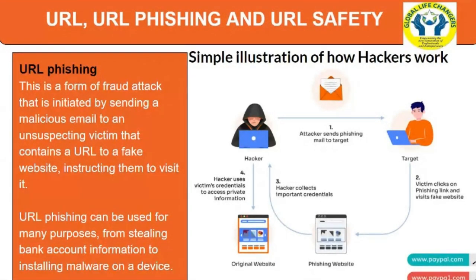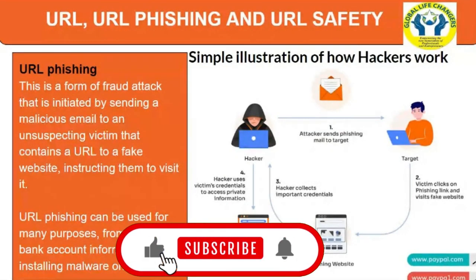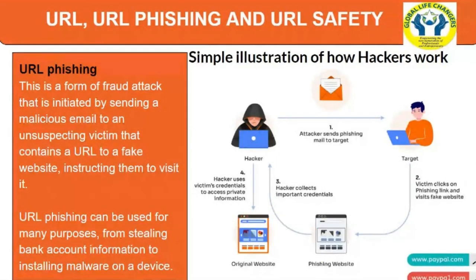URL phishing can be used for many purposes, from stealing bank account information to installing malware on your device. So, a cyber criminal sends you a legitimate looking email or a message via any communication channel, be it WhatsApp, SMS, Facebook, email, or just any communication channel at all.